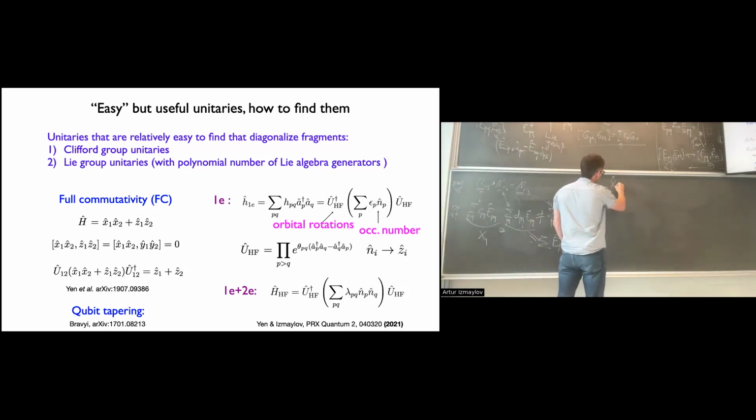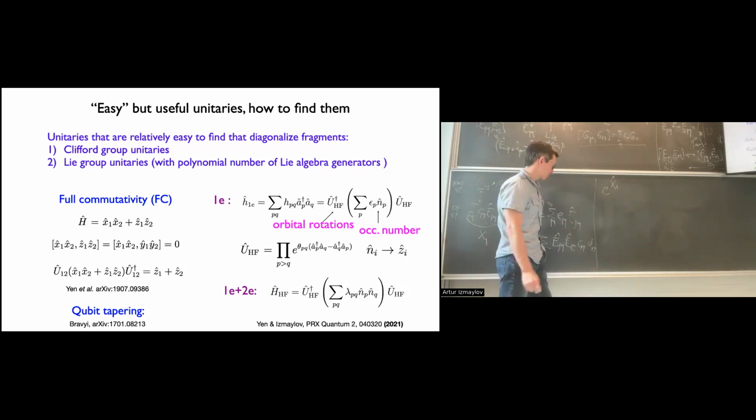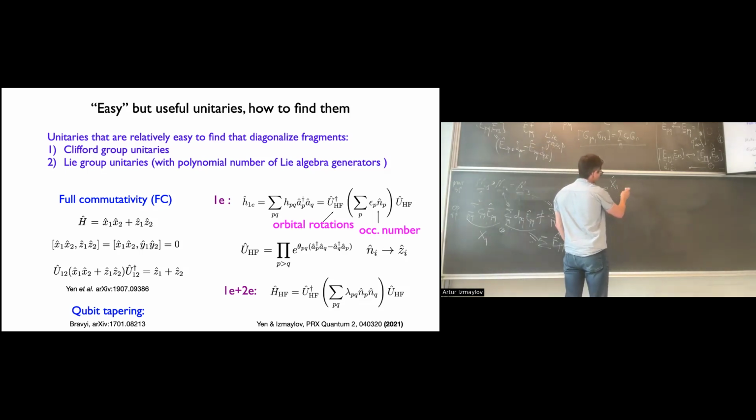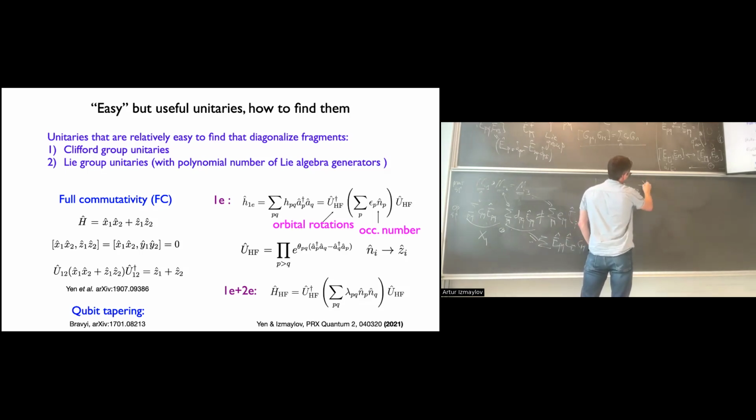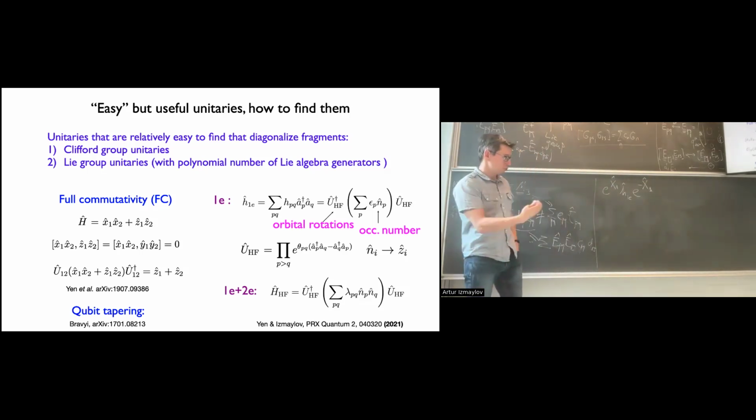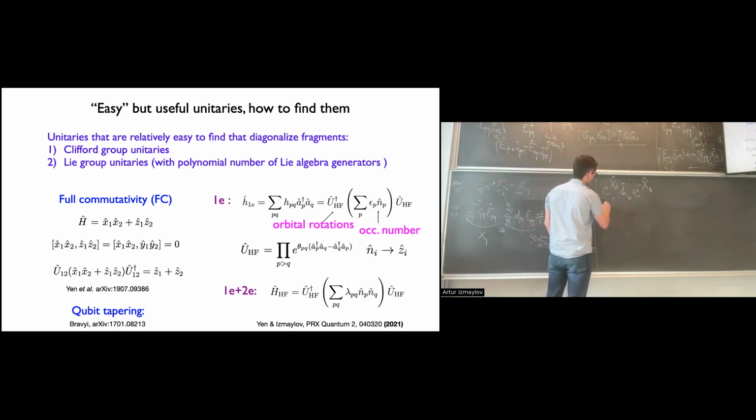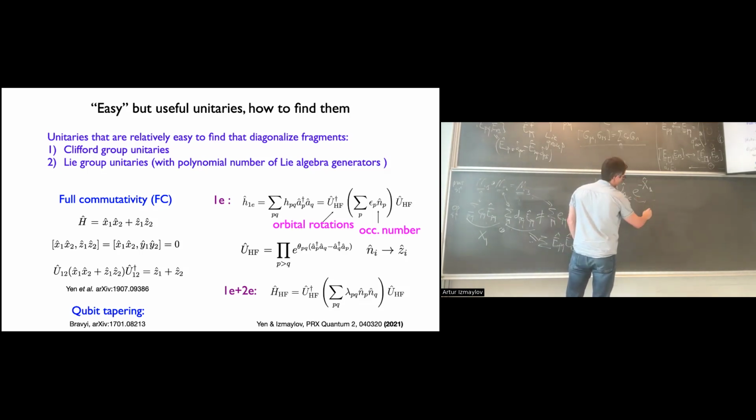So it's a linear combination of operators. And if I want to use this for presumably diagonalizing the one electron operator in some form, right? So then usually we diagonalize using a unitary transformation, right? So this will be a unitary operator of orbital rotations of some sort. This one as well, just conjugated.